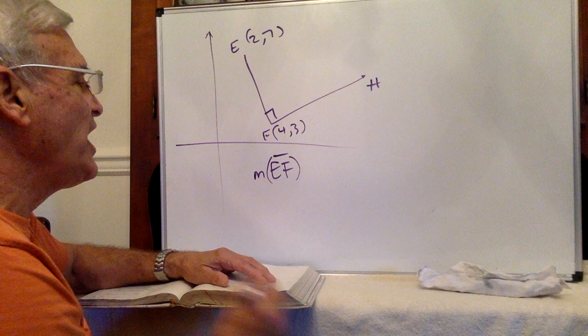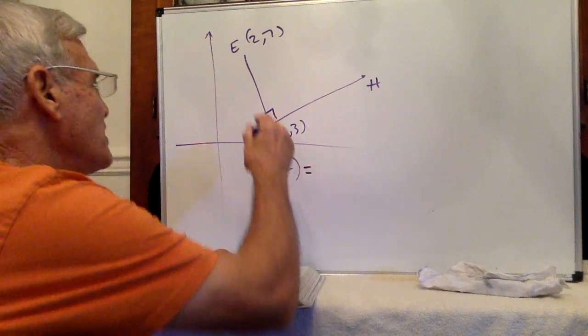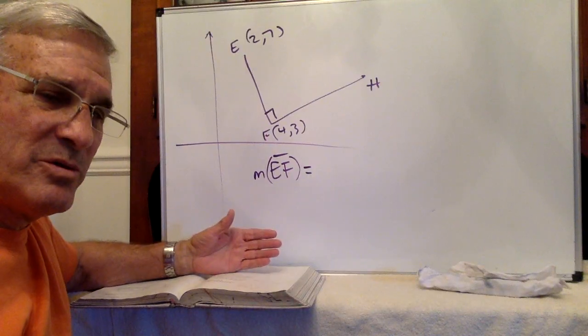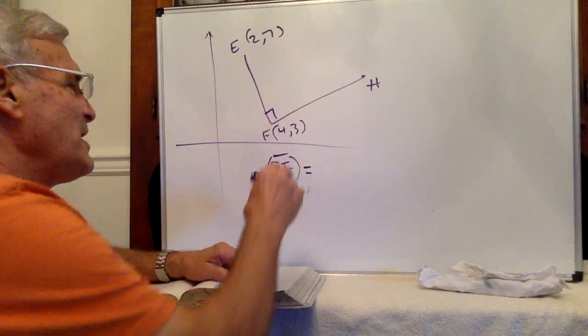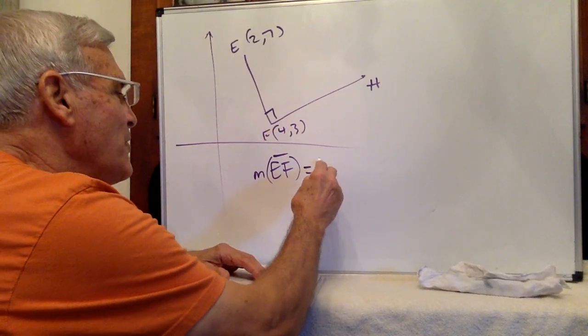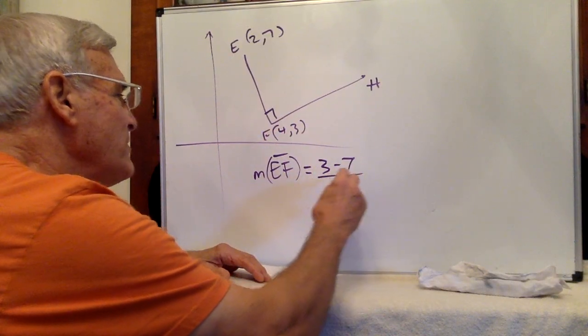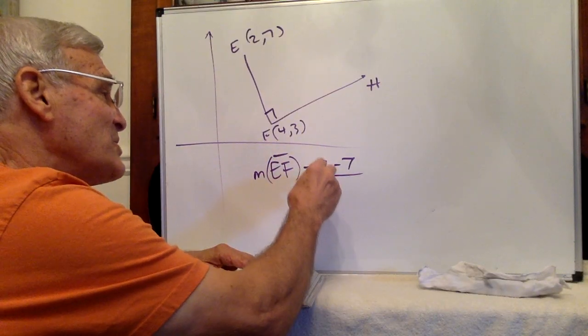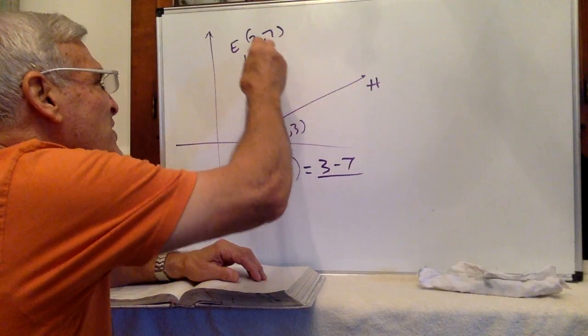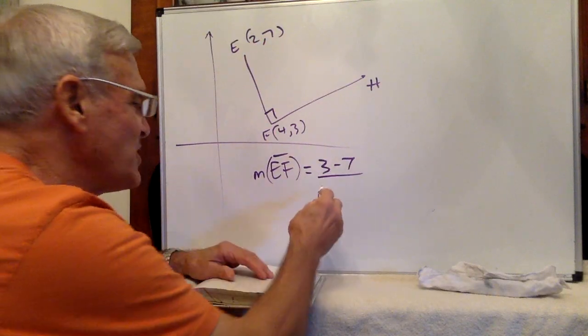The slope is change in y over change in x. And again, be careful. It doesn't matter which point you pick as x1, y1, or x2, y2. So I'm going to say, let this be x1, y1. That's x2, y2. 3 minus 7. Since I used the 3 first, I have to use the 4. The big mistake with slope, you'll go 3 minus 7 over 2 minus 4. You'll get the wrong sign.